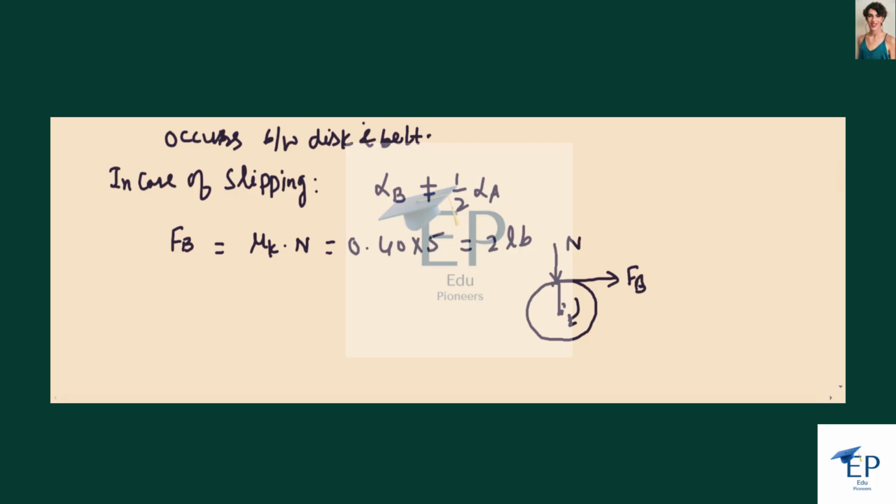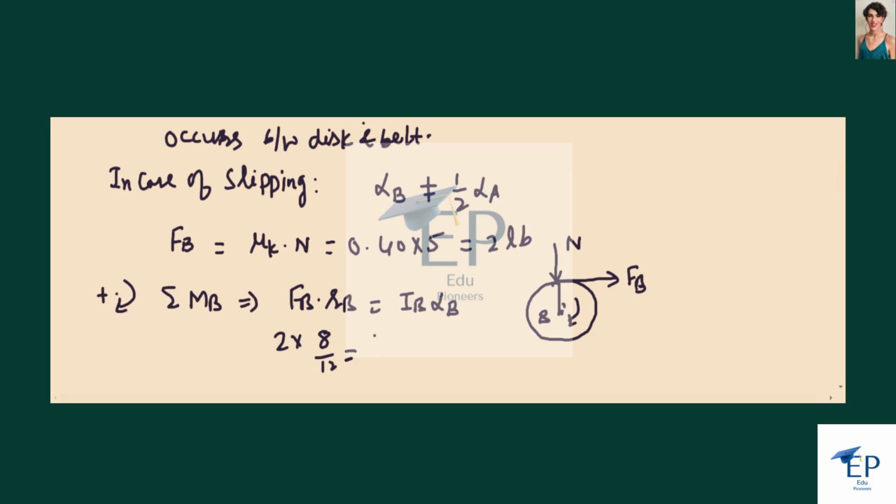Now find the moment about B point: Fb into Rb equals Ib into alpha B. This is 2, Rb is 8 inch actually, so it has to be used in foot.